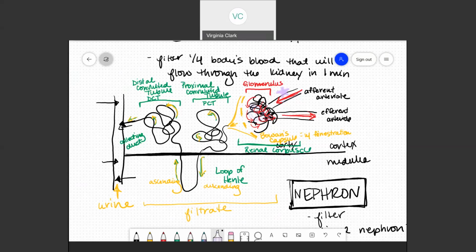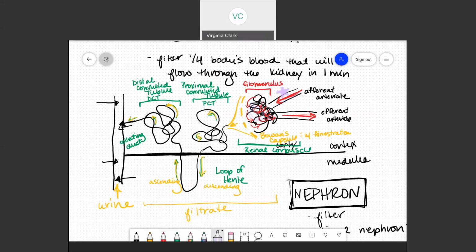If there is too much pressure forcing that blood through your glomerulus, essentially too much pressure means you are not going to get enough liquid filtered out.